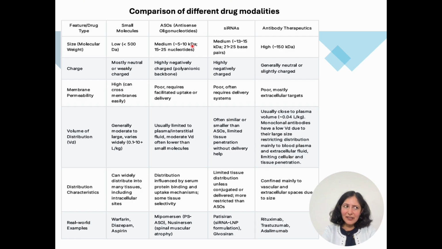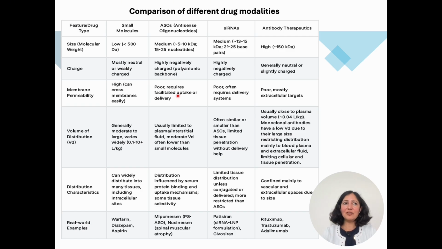Talking about antisense oligonucleotides and siRNA-based drugs, they are much larger compared to small molecules, and they have a net negative charge. Due to these properties, they have poor membrane permeability and require delivery systems or uptake mechanisms.